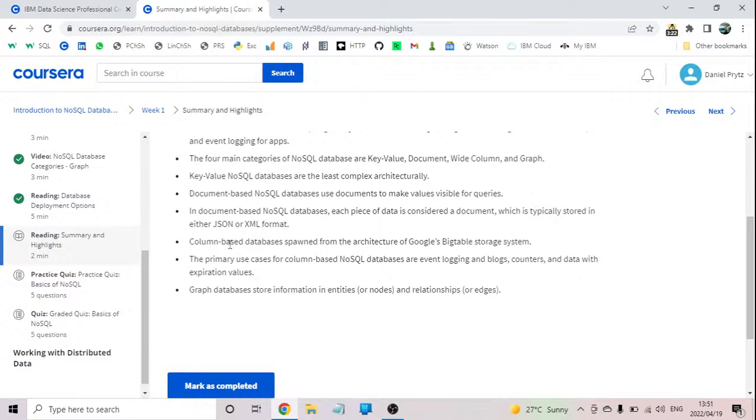In document-based NoSQL databases, each piece of data is considered a document, which is typically stored in JSON or XML format. Each document has JSON, which basically has columns and keys inside it. That's the source of information.